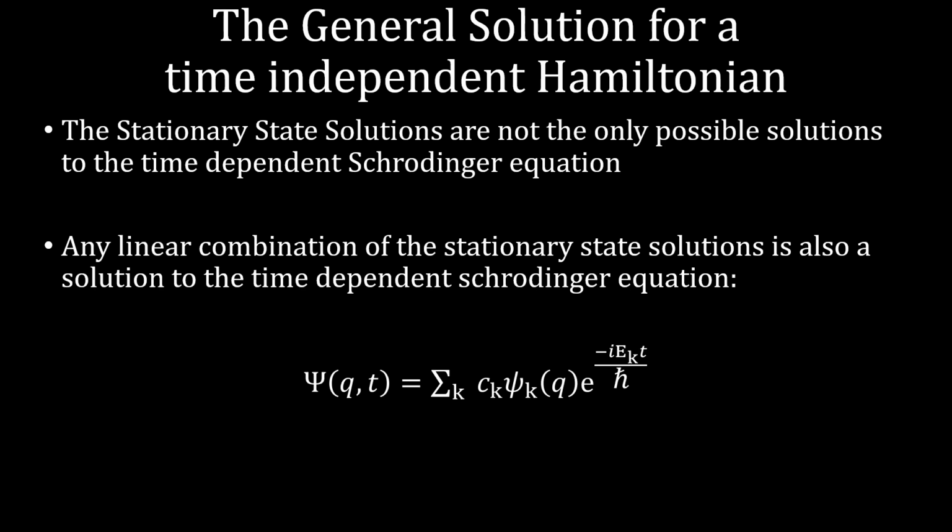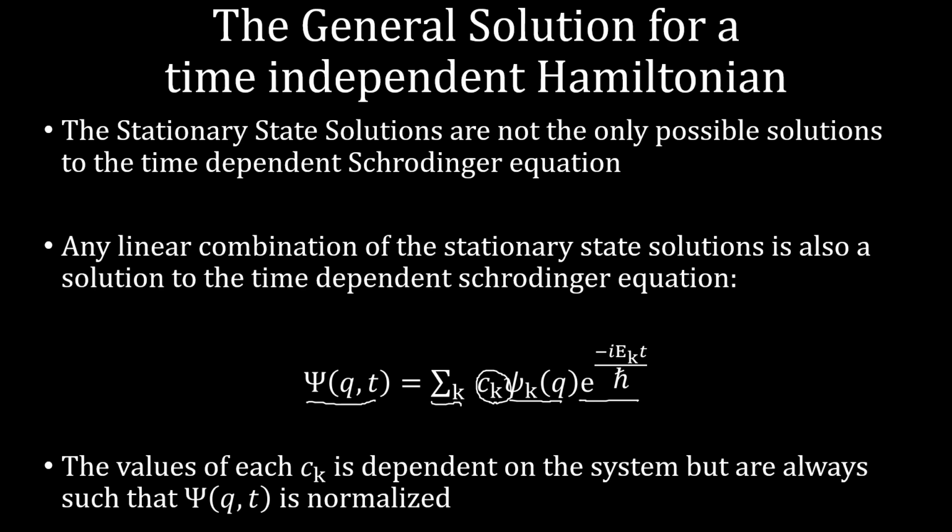So for a particular time-independent Hamiltonian, the complete solution to the time-dependent Schrodinger equation given to us by the fifth postulate of quantum mechanics is psi of q and t equals the summation across all of our stationary states of the stationary state with its corresponding time component with a coefficient in front, c k. Again, that's just the coefficient of each particular stationary state in the summation. The values of these c k's depend on the system, but we will always choose our c k's such that our overall wave function is normalized.